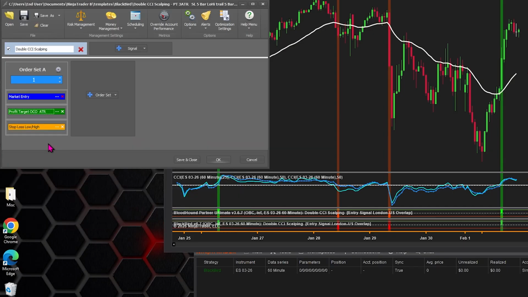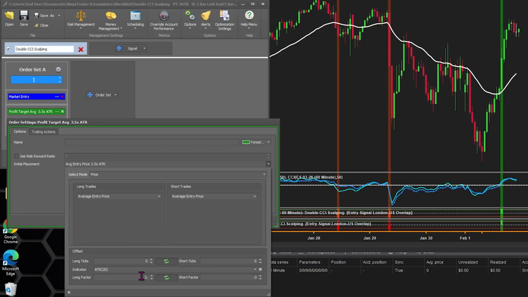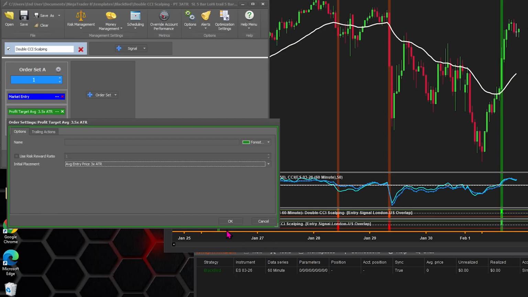Pretty easy. Or, of course, you could always remove the profit target and, from the quick list here, use a risk reward based profit target, or just a simple tick based profit target. All right, let's go back and put in our 3 ATRs. There, easily adjusted.